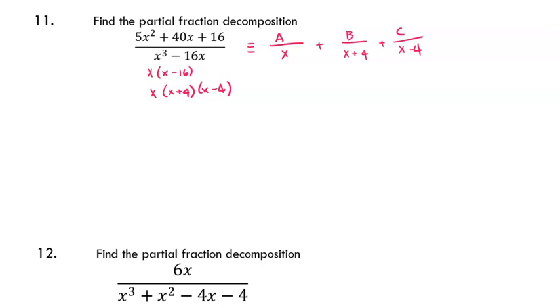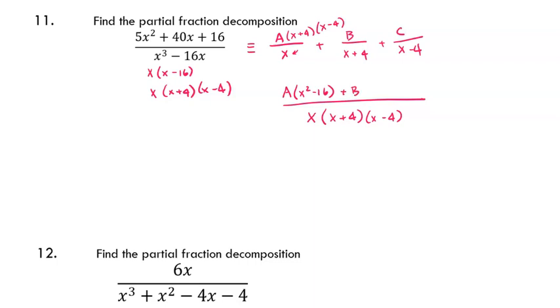Okay, so let's go ahead and get our common denominators. What is this denominator missing from that common denominator? We have an A, we need to multiply it by x plus 4, x minus 4. So that's going to be A times x squared minus 16.